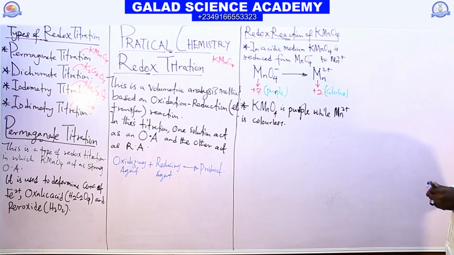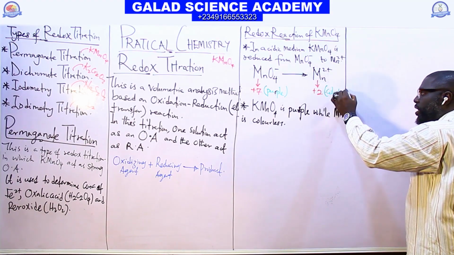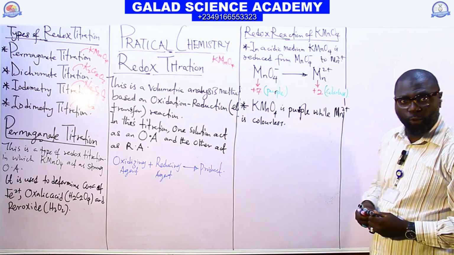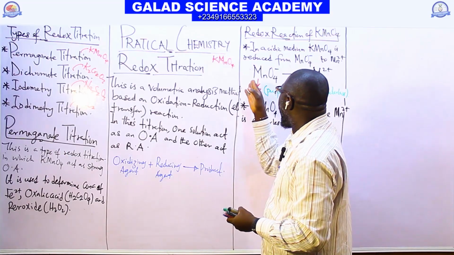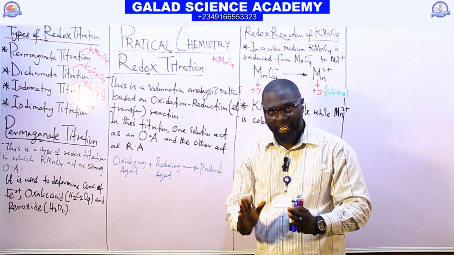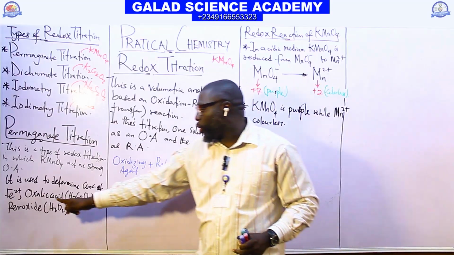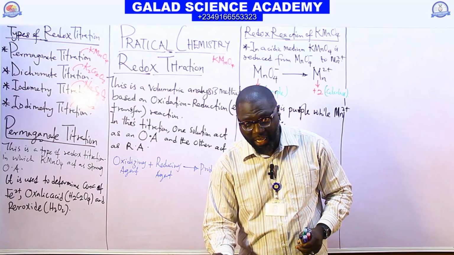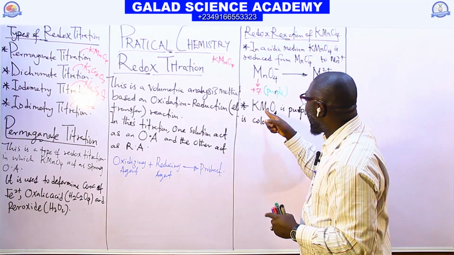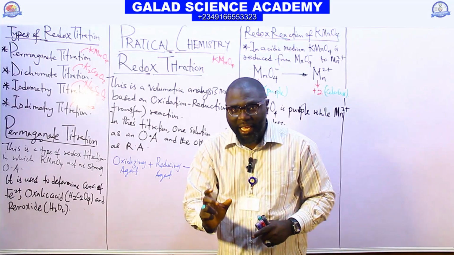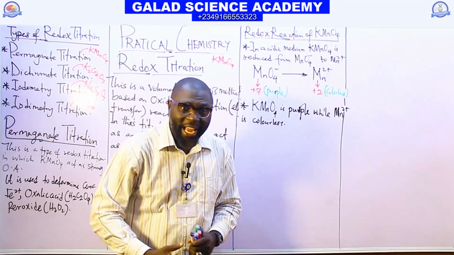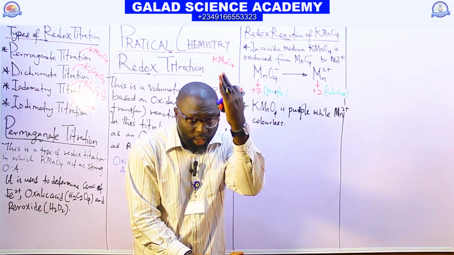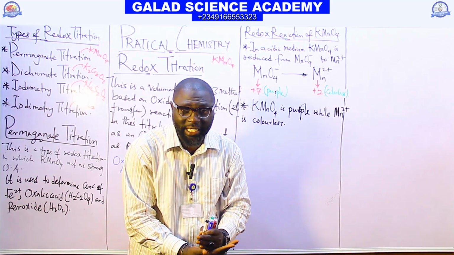So in the redox reaction of KMnO4, if you put the KMnO4 into the burette, and the iron(II) or oxalic acid, any one of the analytes, into the pipette and then the conical flask, the color of the KMnO4 is purple originally. The reaction takes place between the analyte in the conical flask and the titrant in the burette.